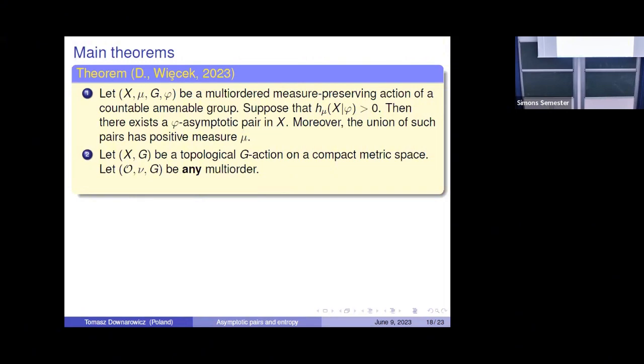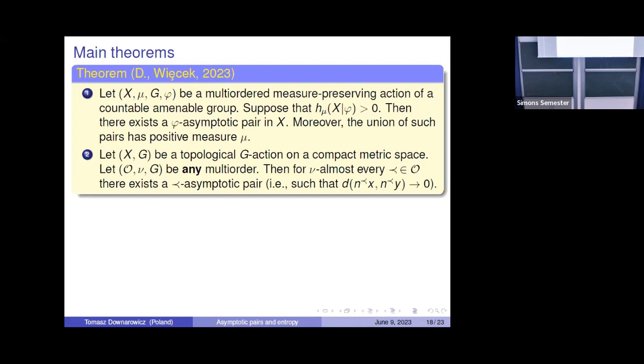And then you can deduce that if you have an arbitrary topological G action on a compact metric space, and you take any multi-order that exists on the group, unrelated to our system, then there exists a Pretz-asymptotic pair for almost any order Pretz in this multi-order.